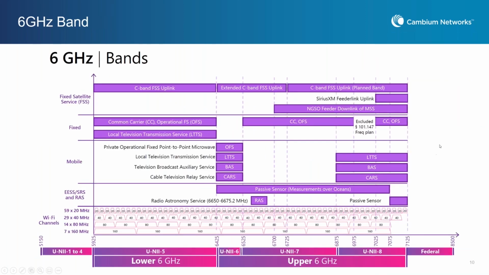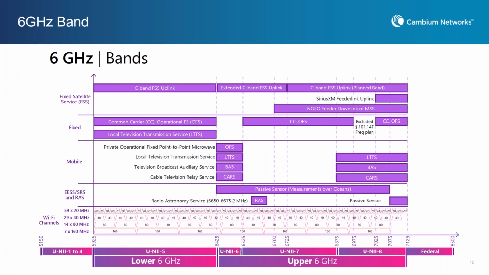So I will move ahead and show a quick chart, which many of you have probably seen. In summary, 6 gig to 7.125 is probably the biggest frequency availability plan that we've seen in a long, long time. Obviously, this is still going through some litigation and things like that, but for the broadband connectivity of the world and what the pandemic taught us, we need this spectrum.